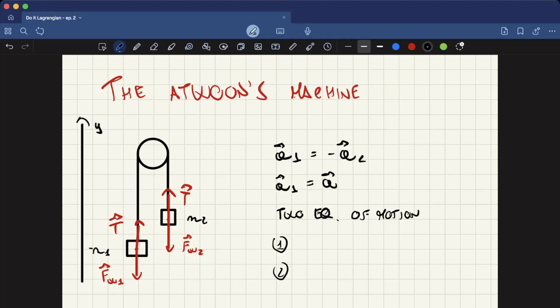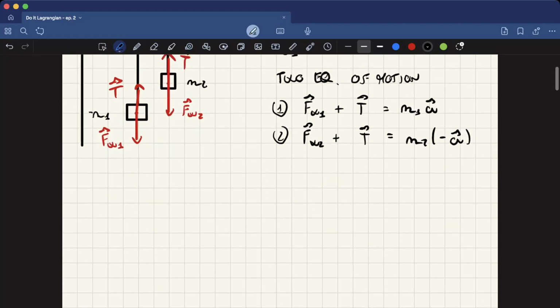Okay, so for the first body we will have Fw1 plus T equal to M1 times A, and for the second body we will have Fw2 plus T equal to M2, and in this case we would have to write A2, but A2 is equal to minus A1, and so this is minus A.